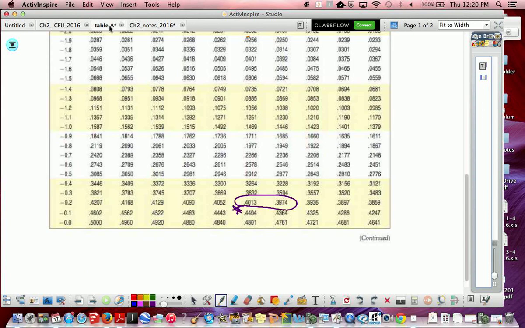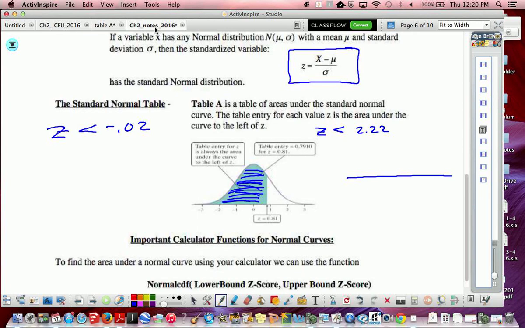What I'm doing here is trying to find the area that's 2.22 standard deviations to the right, and what table A gives you is the proportion of scores that are 2.22 standard deviations above the mean.